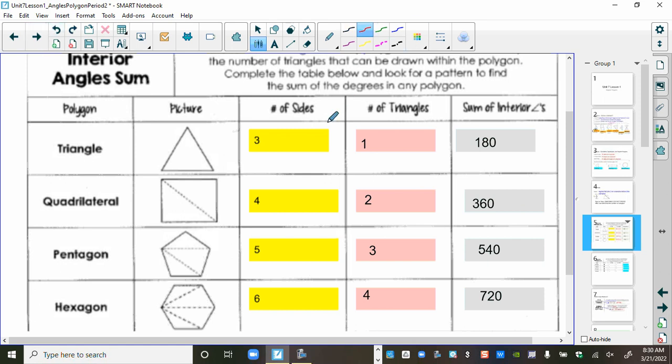So we want to go from number of sides to number of triangles. Subtract 2. Then we went from number of triangles to sum of the interior angles. What number did we multiply by? We just did it a couple times. What number times 2 gave us 360? What number times, how much? 180.